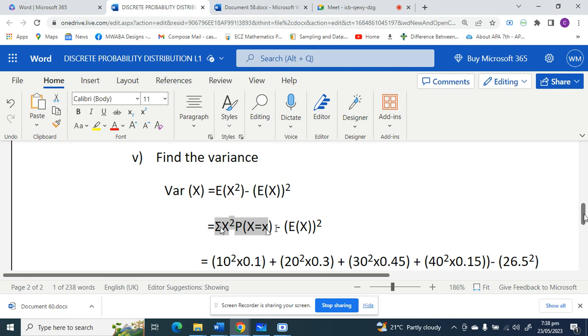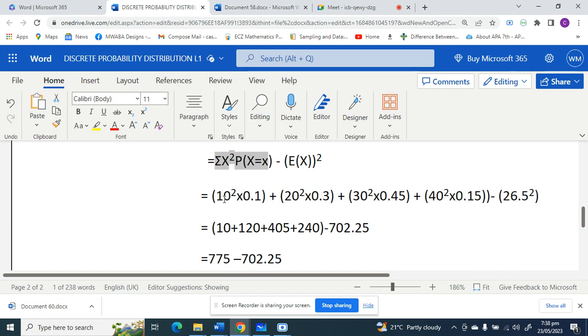I hope that's okay. So 10 squared times 0.1. 10 squared is 100. 100 times 0.1, that is 10. 20 squared is 400 times 0.3, 120. 30 squared is 900. 900 times 0.45, 405. 40 squared is 1600 times 0.15, you get 240. All right, so these values here, you have to total them up.